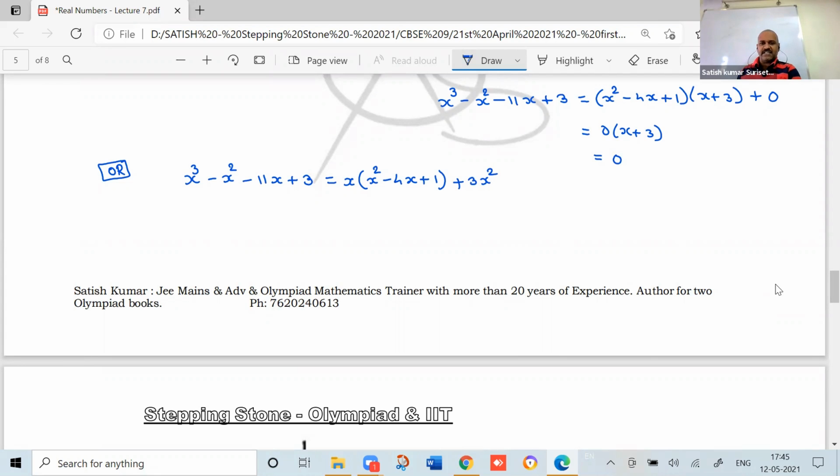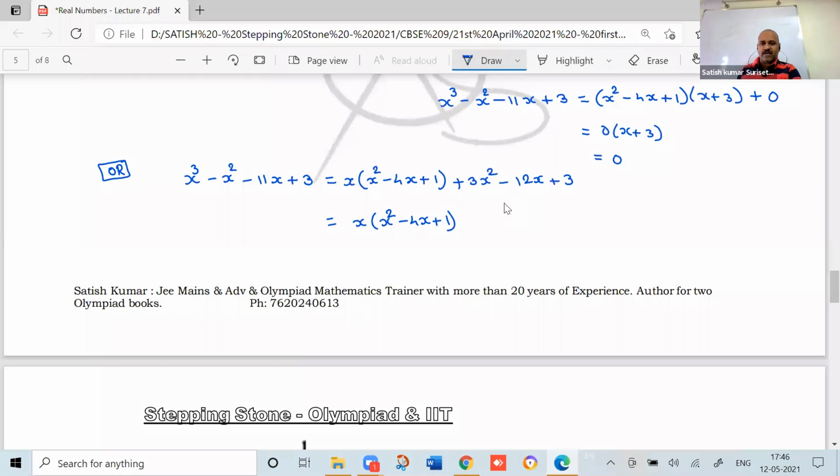Here minus 11x is there. That means I should write as minus 12x. So minus 12x plus x becomes minus 11x. Next, the left out term is 3. So write plus 3. Next again, x into x square minus 4x plus 1.